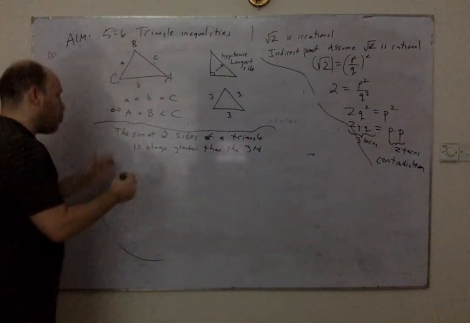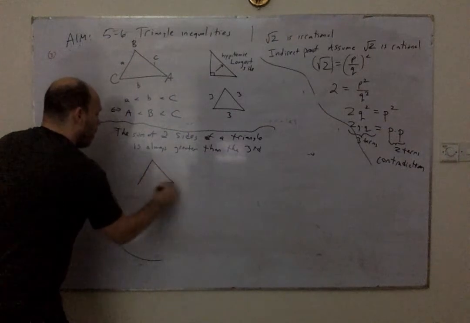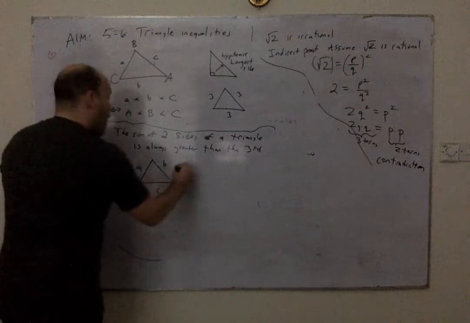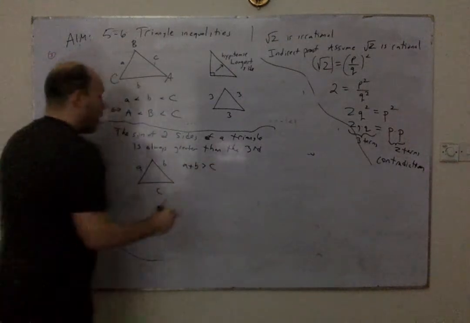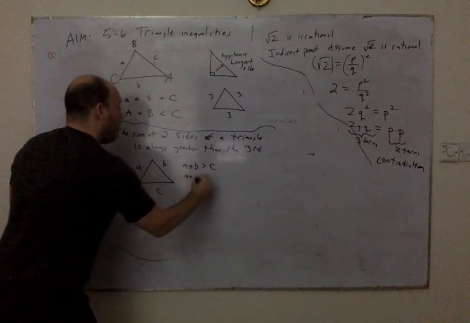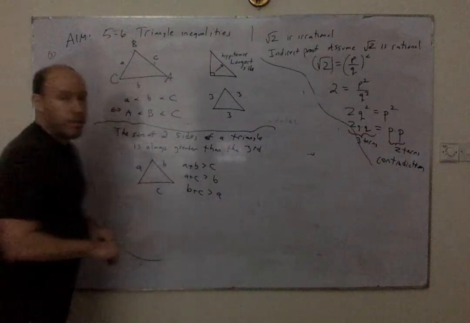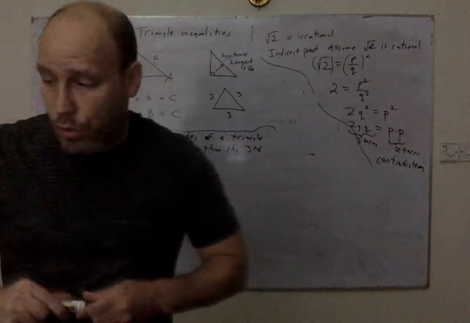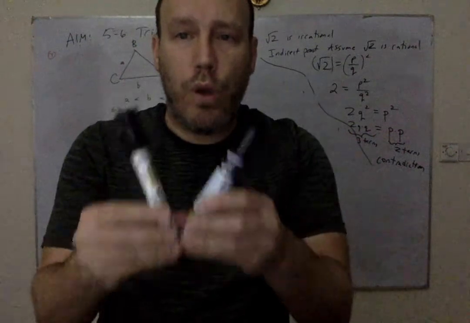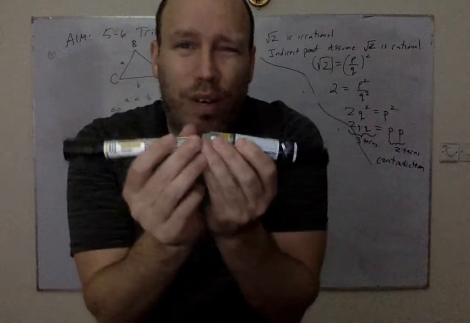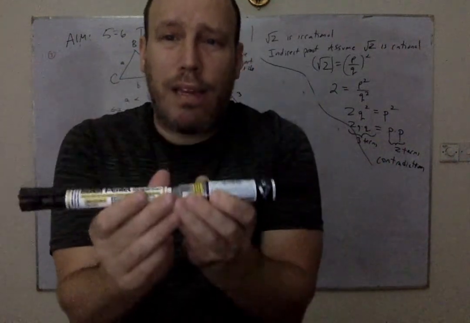So let's look at two triangles. The idea is, if you have A, B, and C, it says that A plus B is greater than C. It says A plus C is greater than B, and B plus C is greater than A. Now the visual I use is, if you have two sides of a triangle, the third side cannot be equal to the sum, because then it would be like extending out to a 180.